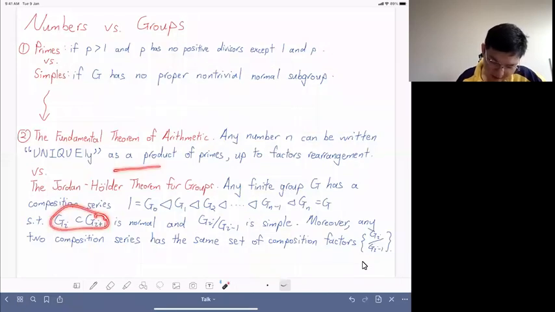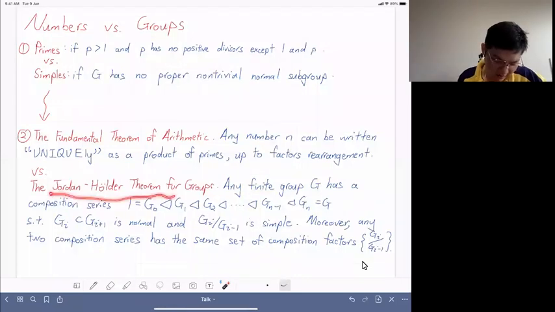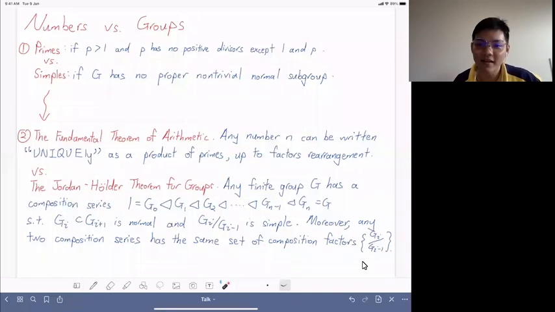But in numbers, every prime can divide n. This is the difference, and maybe this is why it is not called a fundamental theorem here. Moreover, if you have more than one composition series, they should have the same composition factors when you take the quotient.